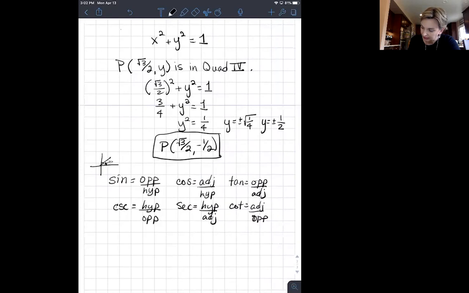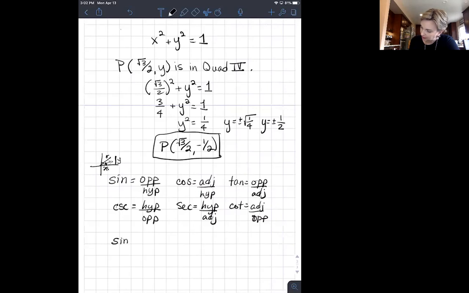Opposite our angle is the y, and adjacent to our angle is the x. So we replaced our different sides with x's and y's, and the hypotenuse we replaced with an r. We did that in an earlier lesson.